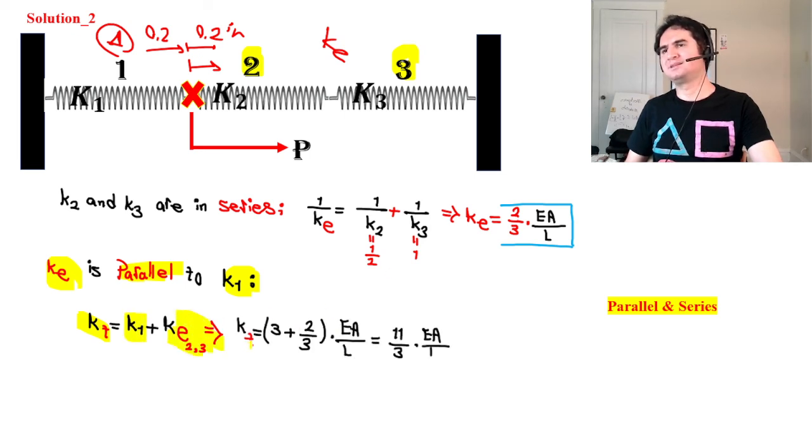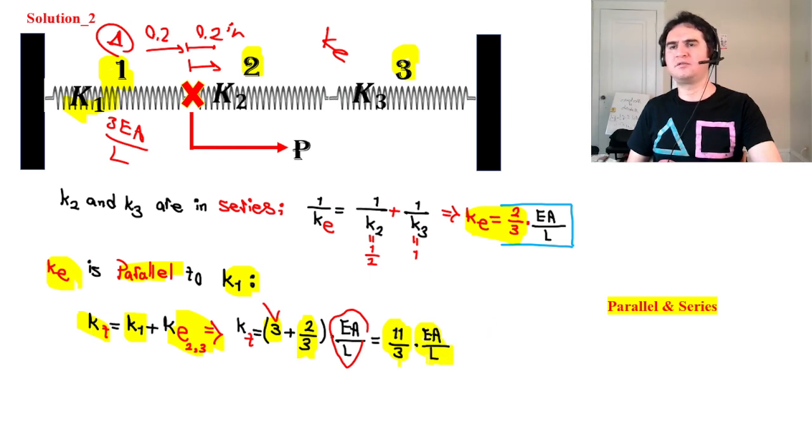If you do the math, it is 3 EA over L, which is the stiffness of K1, plus 2/3, which is our K equivalent. If you add them up together, you get the total stiffness K of 11 over 3 EA over L.